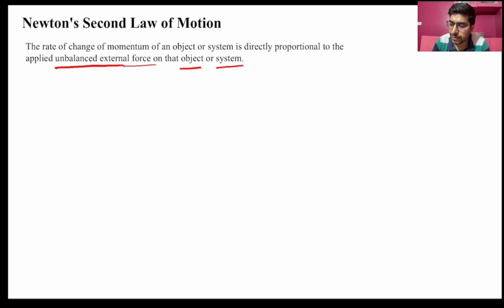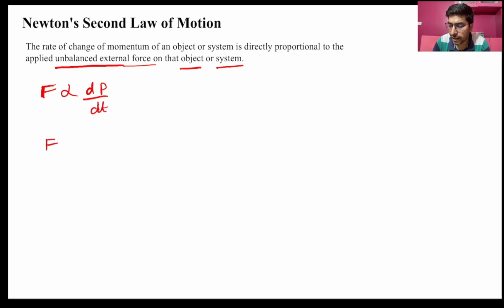So according to the statement, suppose F is the unbalanced external force on the system or object. It is proportional to rate of change of momentum. Rate of change of momentum we can write as dp by dt, right?